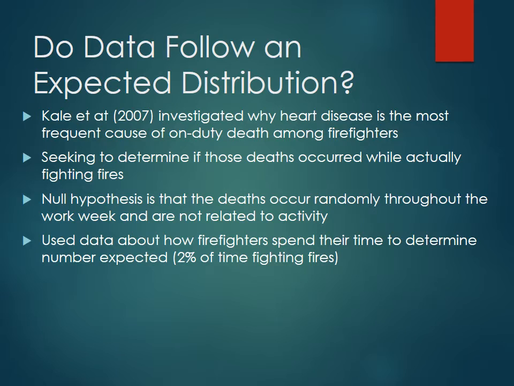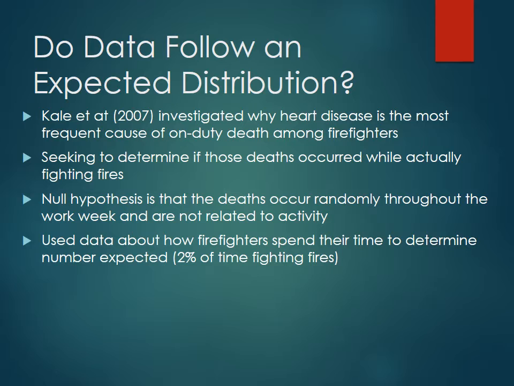And so in this case, the null hypothesis would be that deaths amongst firefighters would occur randomly throughout their time on their shifts versus during a very specific period of time. And as you might imagine, just due to common sense, you would automatically think they'd probably be dying more frequently during the most dangerous times of their shift, right? But we can look at that and see if there's any true difference there or not.